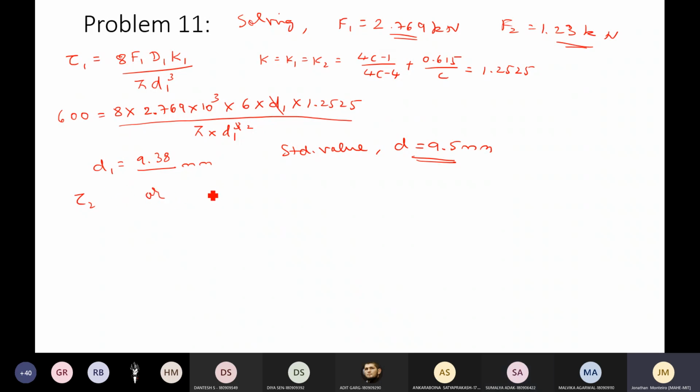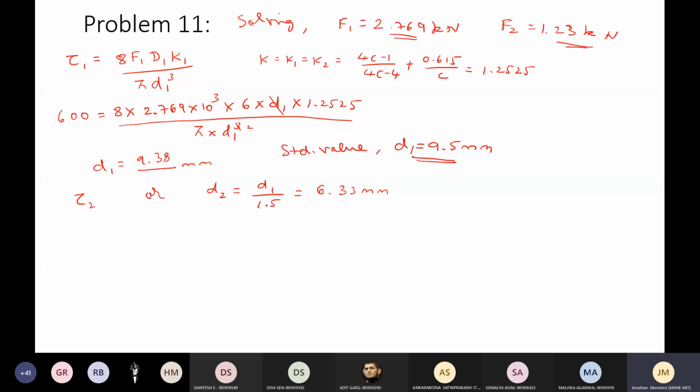Or I can say d2 being smaller, so it should be d1 by 1.5. How much does it come? So 6.33 millimeter. Yes, 6.33 mm.